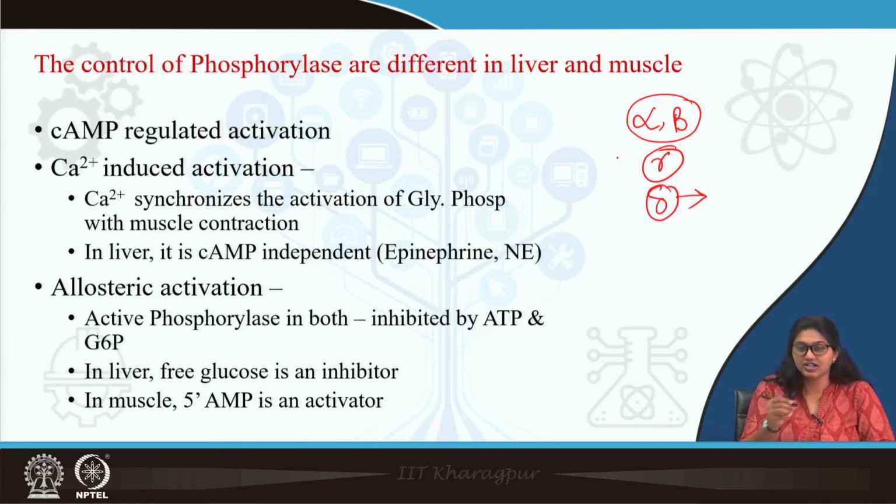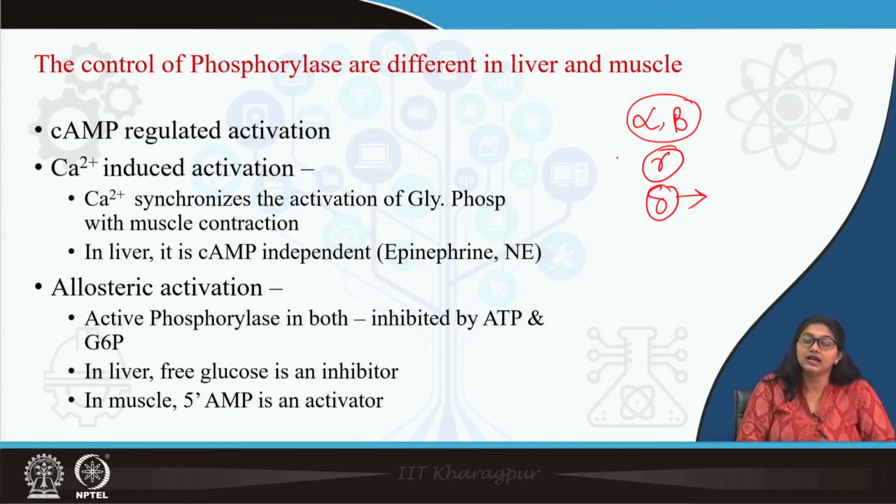Now, this calcium induced activation occurs inside skeletal muscle, whereas in liver calcium induced activation is cyclic AMP independent, and it is activated by epinephrine and norepinephrine through alpha 1 adrenergic receptors.